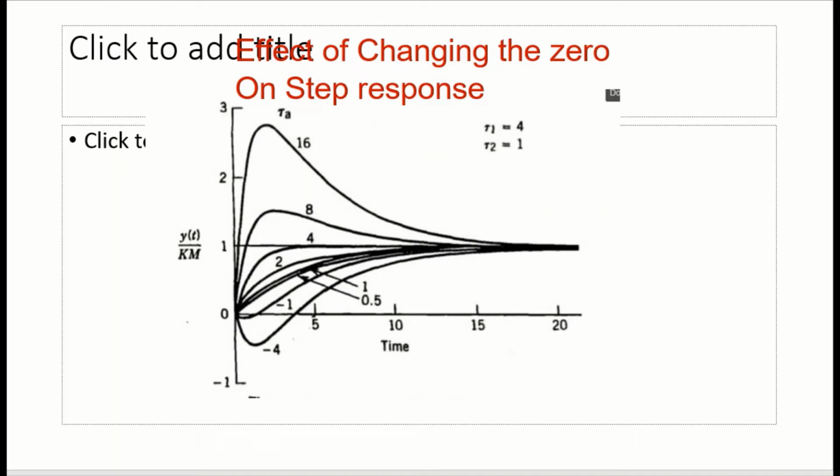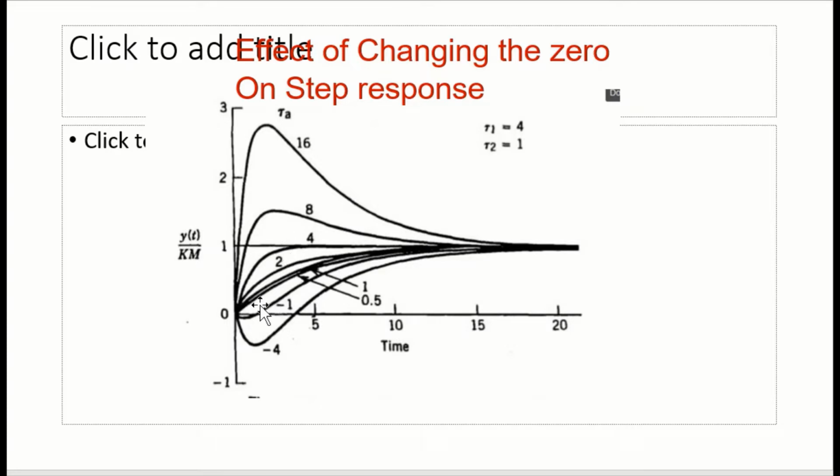For certain parameters, this is called a step response, going from 0 to 1, and in this first case we're getting a very big overshoot. In another case we're getting less overshoot as we change the zero, and eventually we get a response that looks like non-overshoot.